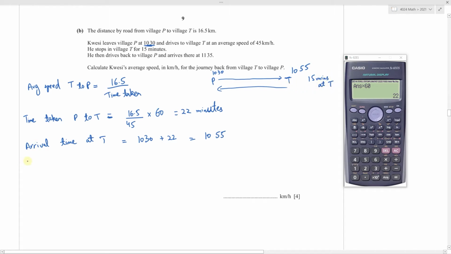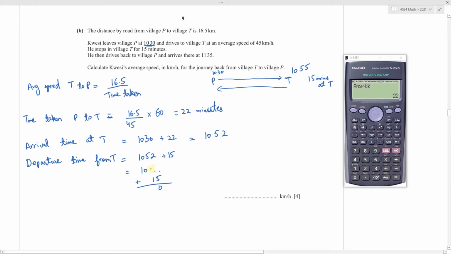So the departure time from T will be the arrival time plus the 15 minutes spent. Sorry, the arrival time is not 10:55, it is 10:52: 10:30 plus 22, so 30 plus 22 is 52.